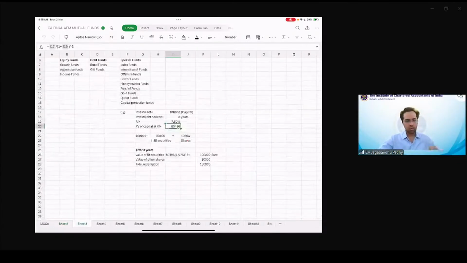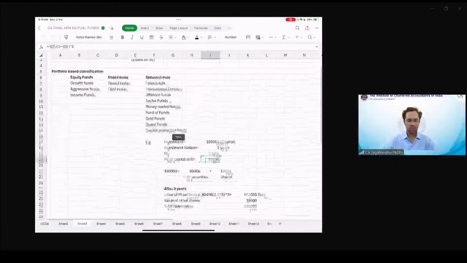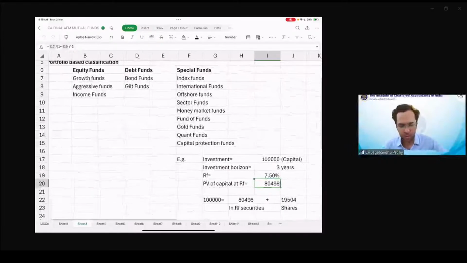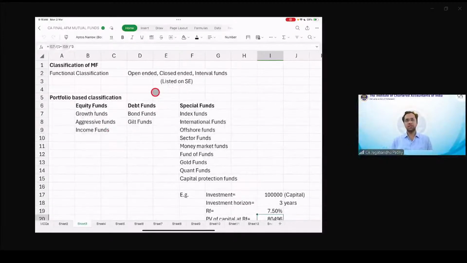Now, there are various types of mutual funds, which could be open-ended, closed-ended, or interval funds. Open-ended is the category of mutual funds which is open for subscription and redemption at any point of time. Closed-ended is that it's not open for subscription again and again. Rather, it's going to be closed forever.